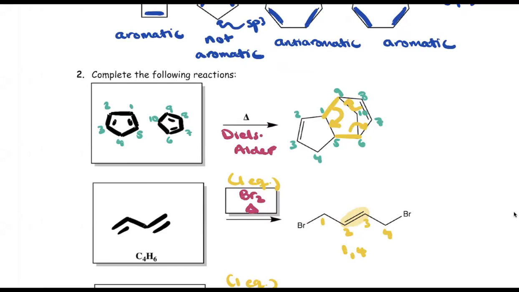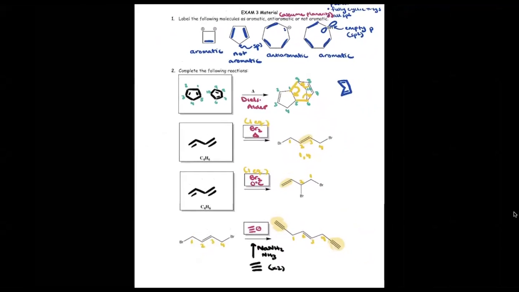Right, and then initially, I'm going to draw this kind of ugly. So you would have this thing, right? That like 5-membered ring. But then if you're going to draw it nicely, like that cyclopentadiene, it would end up looking like this. Does that make sense? Cool. Yes, thank you.